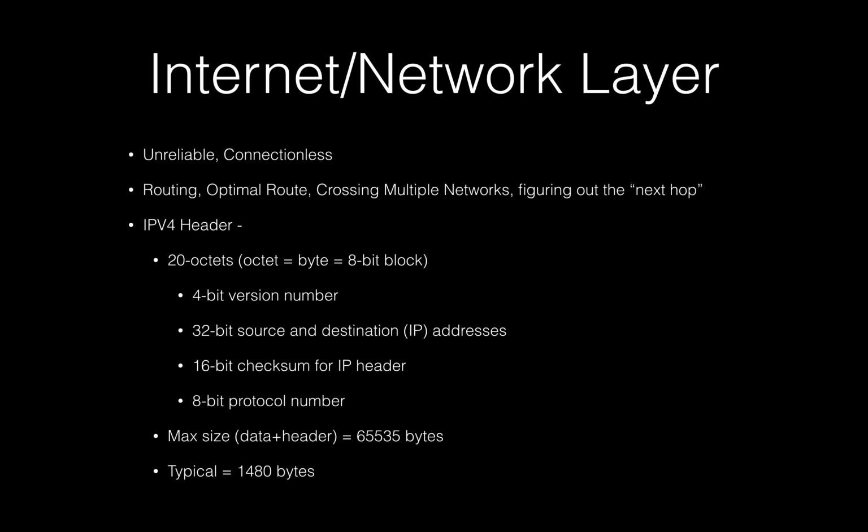IPv4 specifically has 20 octets, a 4-bit version number, then 32-bit source and destination, a 16-bit checksum for IP headers, and 8 bits for the protocol number. So what I'm trying to say here is that if you see an 8-bit block, which is 20 octets, half an octet is allocated for the version.